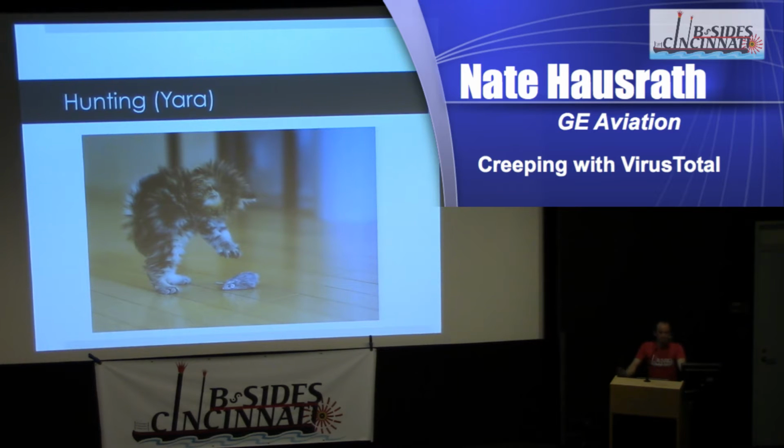Next up, hunting. VirusTotal has a whole section in their private section called hunting. What do you think it is? Well, you're going to look for specific things. It's not searching. You're looking for live samples that are coming in. The way we do that is by writing Yara rules, as I mentioned before.